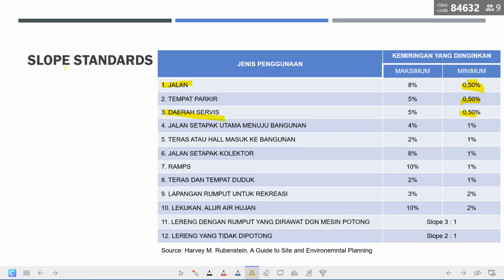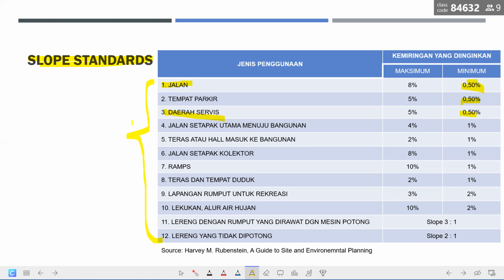You can find other slope standards for other uses from various sources. This one comes from Rubenstein's book, A Guide to Site and Environmental Planning.